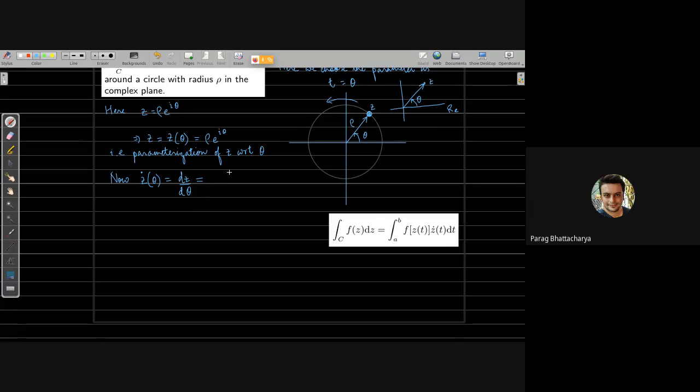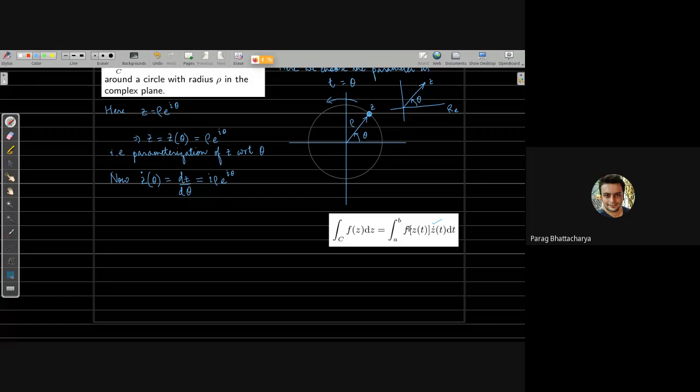Differentiate z. That's it, right? The i is simply going to come out, so it is equal to i into rho into e to the power i theta. Okay, so this is your z dot.